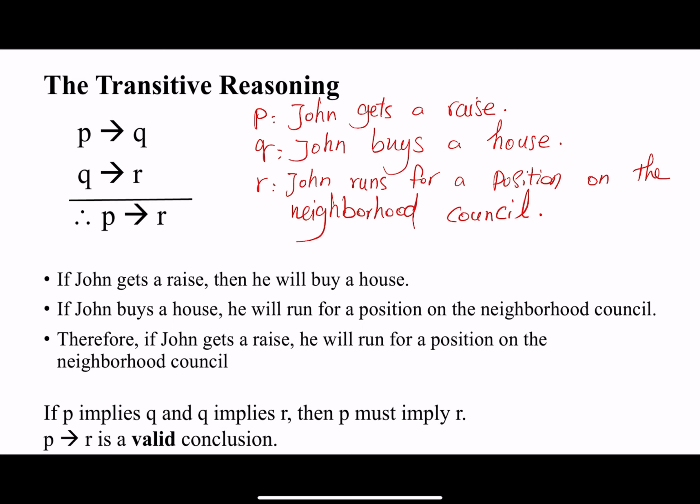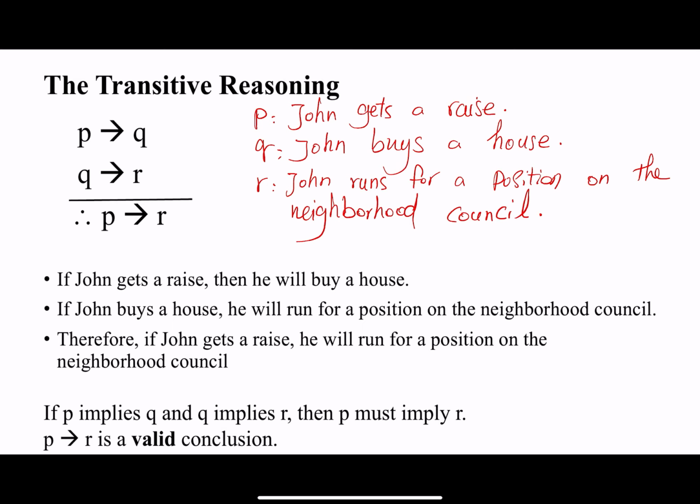Look at the second line. If Q then R. If John buys a house, then he will run for a position on the neighborhood council. Therefore, now that's your conclusion. If P then R. If John gets a raise, then he will run for a position on the neighborhood council.